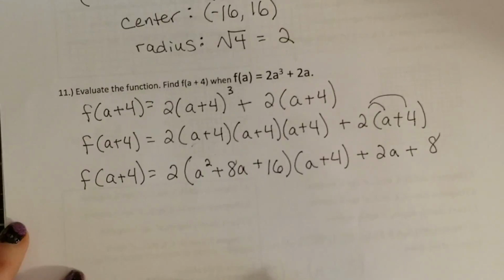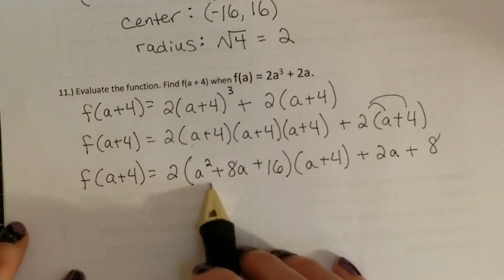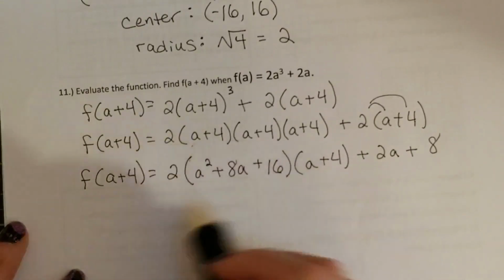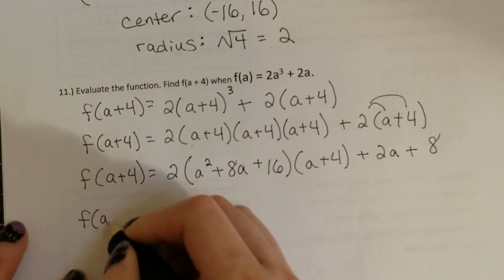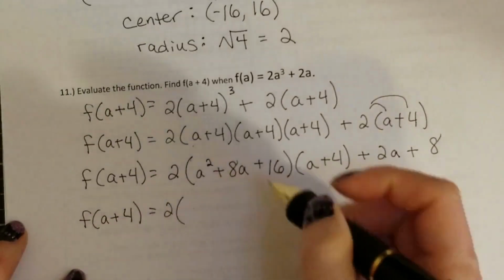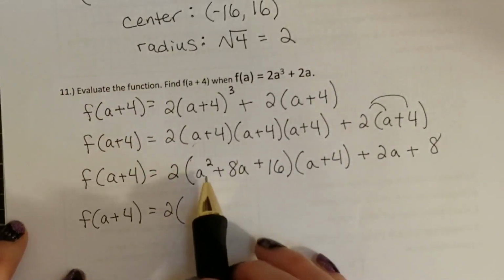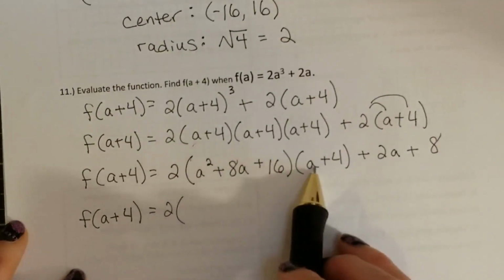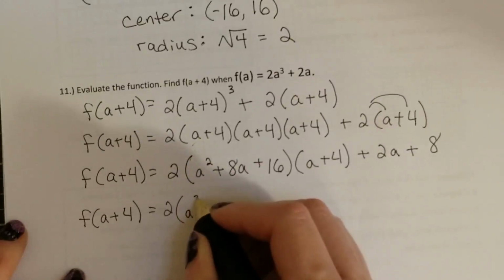All right. Now the fun part begins, because now we have to distribute this with this. I don't think this problem is too difficult. It's very tedious, of course, but that's about it. All right, a squared times a, that would be a to the third.